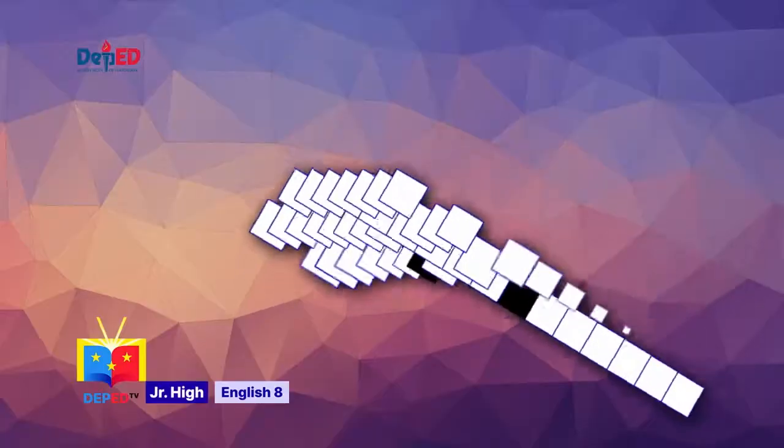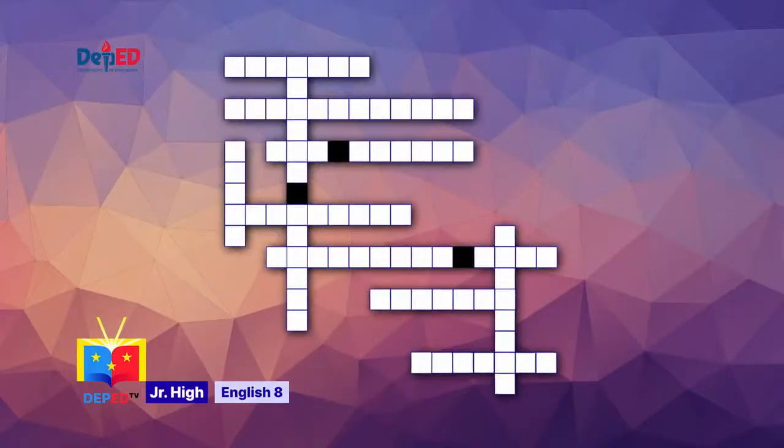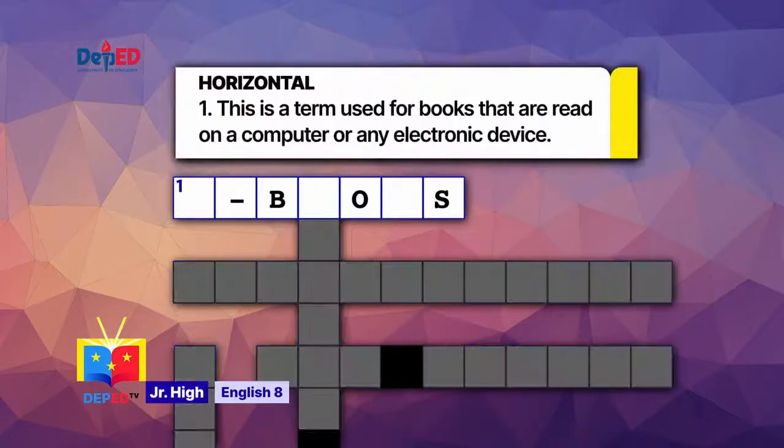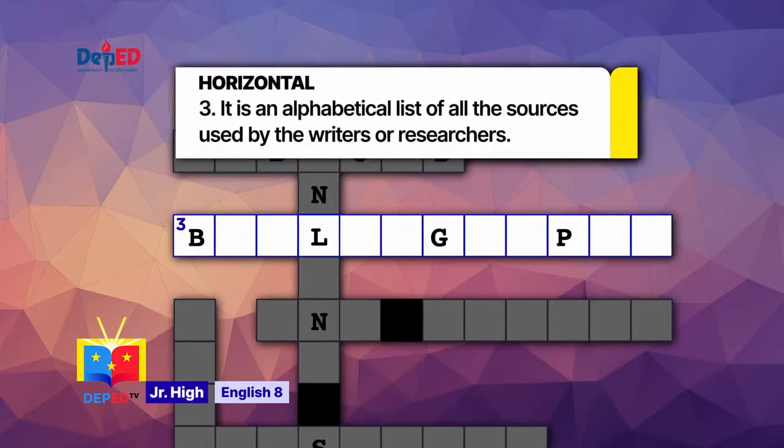Our horizontal clues are the following. Number 1. This is the term used for books that are read on a computer or any electronic device. Number 3. It is an alphabetical list of all the sources used by the writers or researchers.